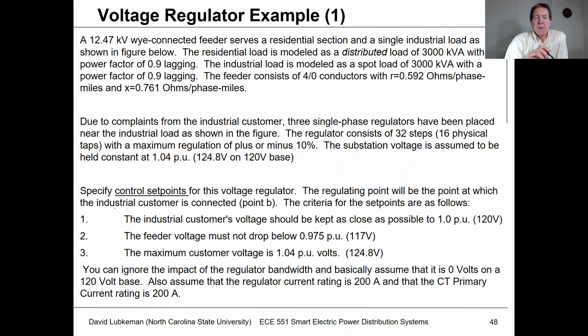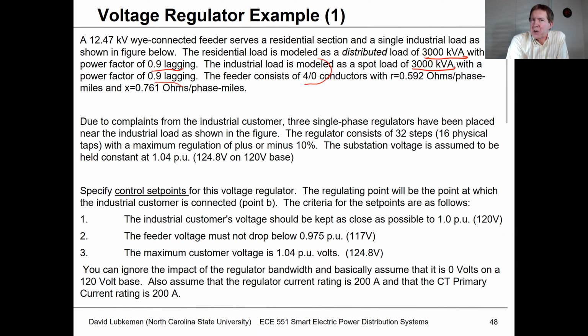If you look at the problem statement on that first segment, we've got 3,000 kVA of uniformly distributed load at a power factor of 0.9 lagging. The industrial spot load is 3,000 kVA at 0.9 power factor lagging. The line elements are going to be assumed to consist of 4/0 conductors.